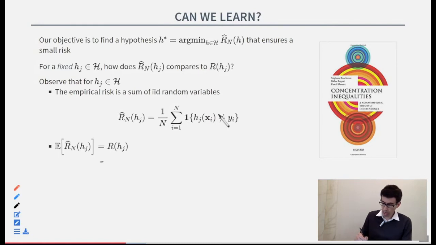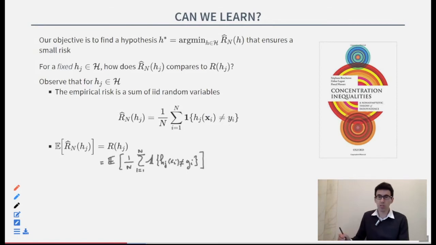So how do we check that? We write the definition. So we're taking the expected value of 1 over n, sum from i equals 1 to n, indicator function of Hj of xi not equal to yi. Now, if you remember a little bit of probability, expectation is a linear operator, which is a fancy name for saying that you can flip the order of expectation with sums.